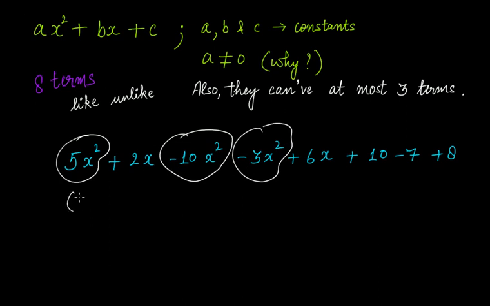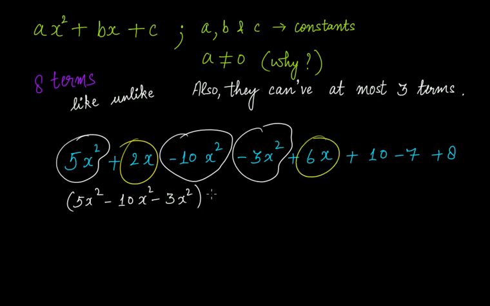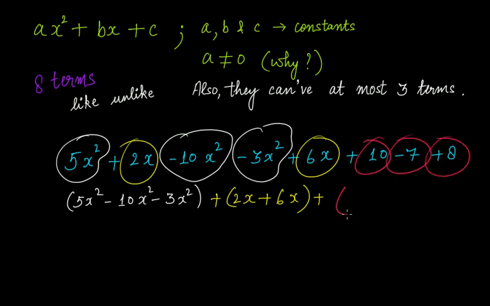So group them together. Then 2x, 6x, these are like terms. So 2x plus 6x, these two are like terms. Then 10 minus 7 plus 8.